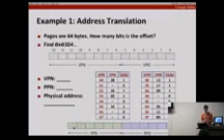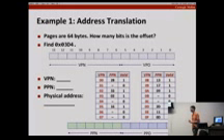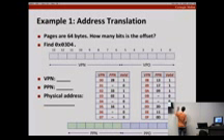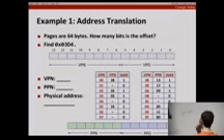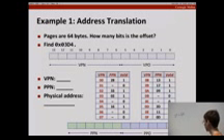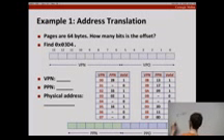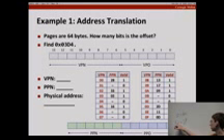I just told you the answer to the first part: pages are 64 bytes, how many bits is the offset? It's 6, because 2 to the 6 equals 64. The formula from before is that the page size equals 2 to the number of bits in the offset. So this is 64, which means lowercase p is 6.